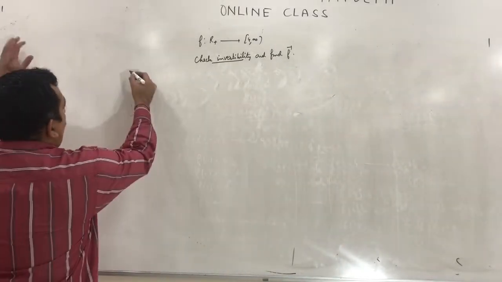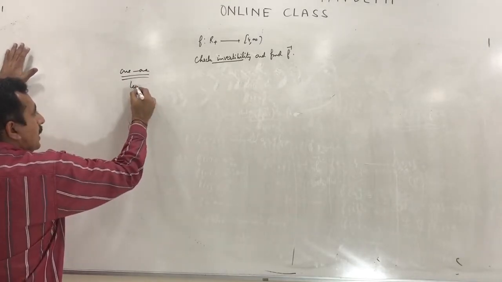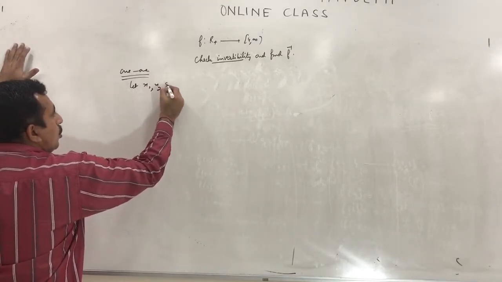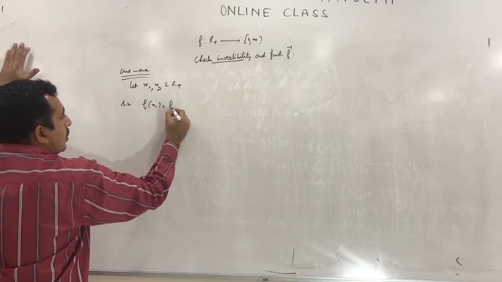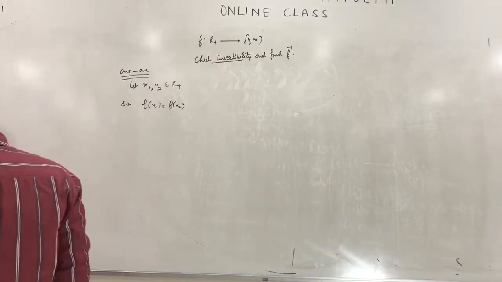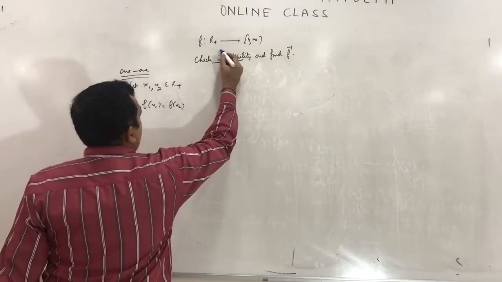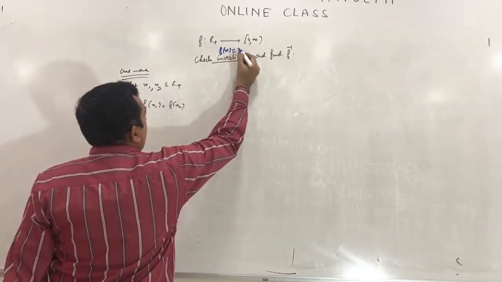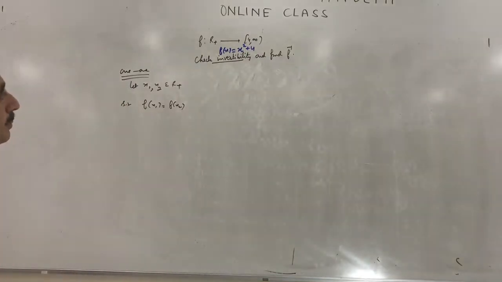So again, for one-one, let x1, x2 belong to R plus such that f(x1) equals f(x2). The function is f(x) equals x square plus 4.